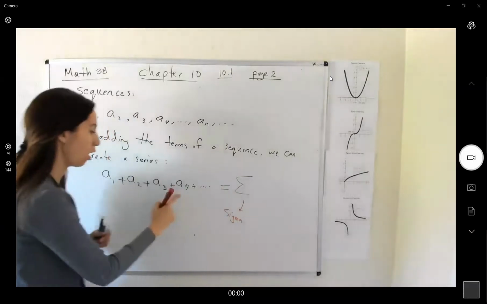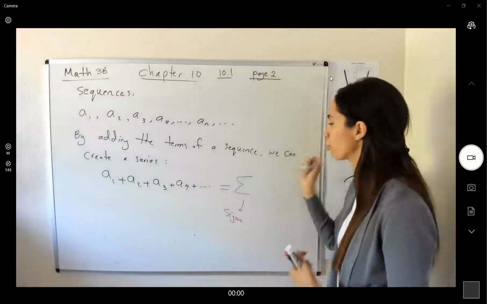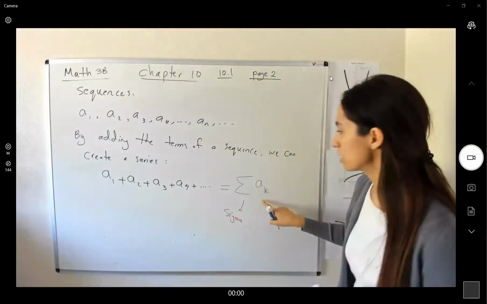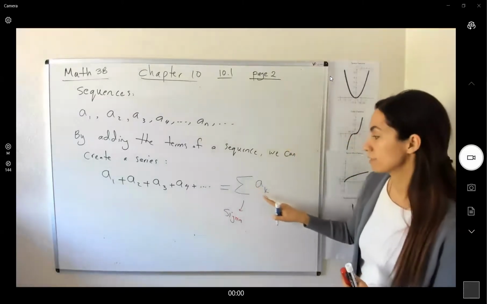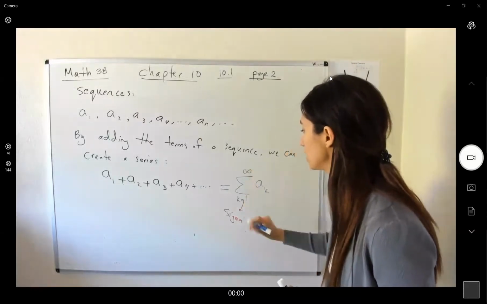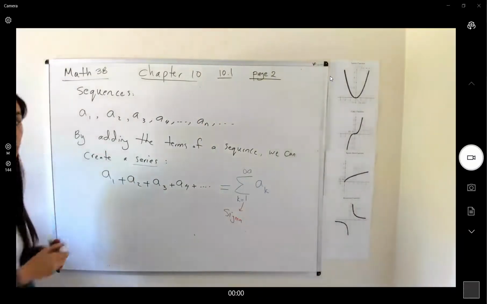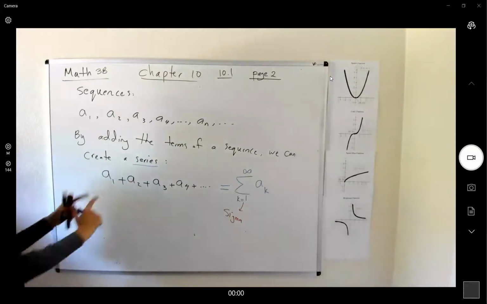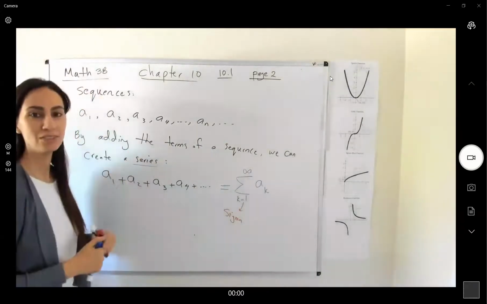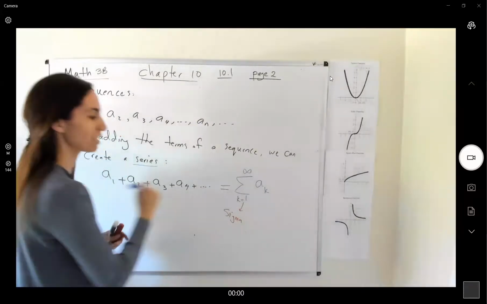The sum of these terms, you can write in compact form and say that we are summing the terms of a sub k, where k ranges from 1 to infinity. This is called a series. By adding the terms of your sequence, you create something new and you call it a series.